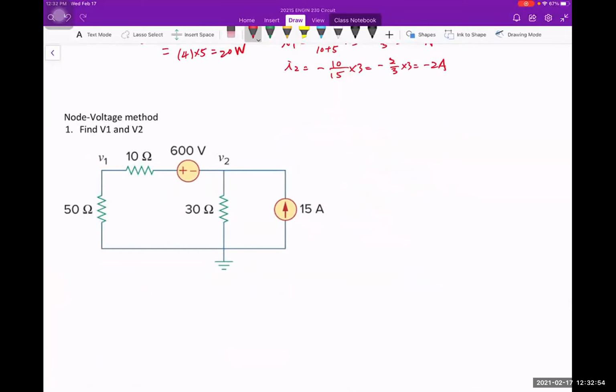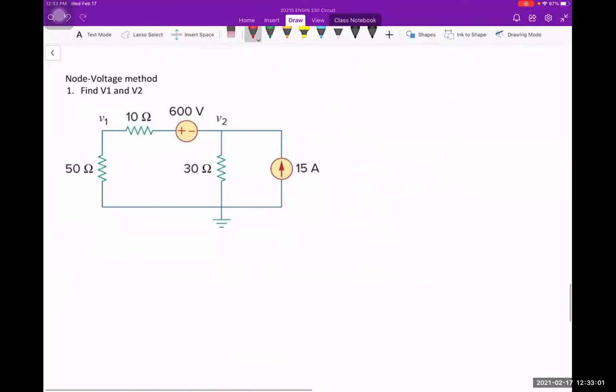Over here, I just give another question I wanted you to review for the node voltage method. So in this circuit, if you remember how we do the node voltage method, the first thing we identify is the essential nodes. So how many essential nodes do I have? This one is not an essential node.